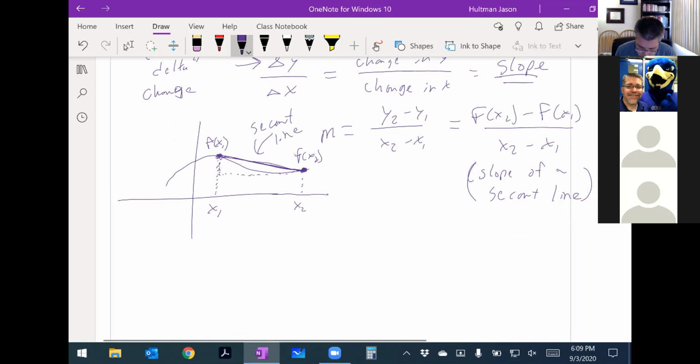So let's see how this works in real life. It's a lot easier to define the abstract in terms of the concrete.